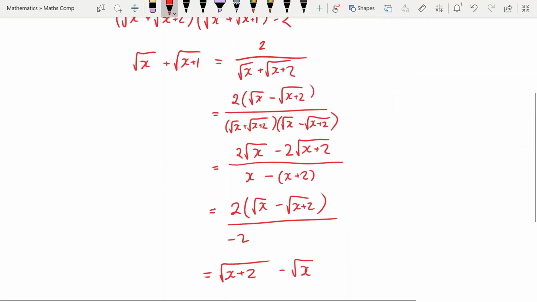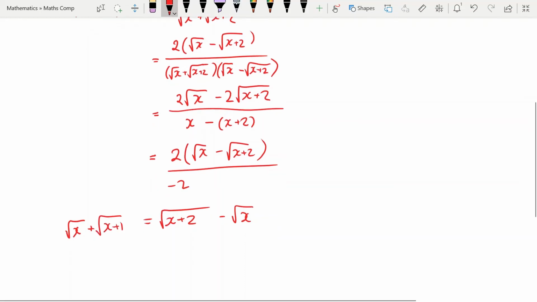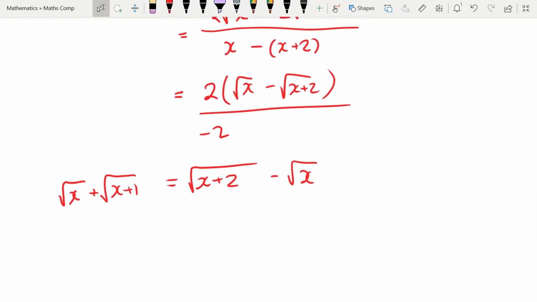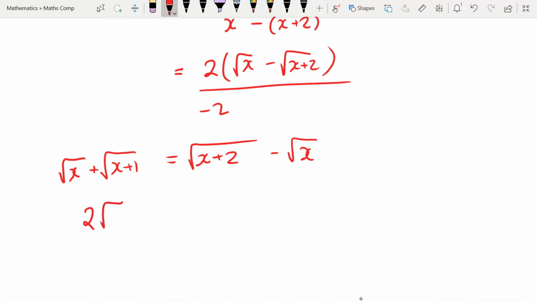And now we've got that equal to root x plus root x plus 1. Nice. If we add root x to both sides, we've then got 2 root x is equivalent to root x plus 2 minus root x plus 1.